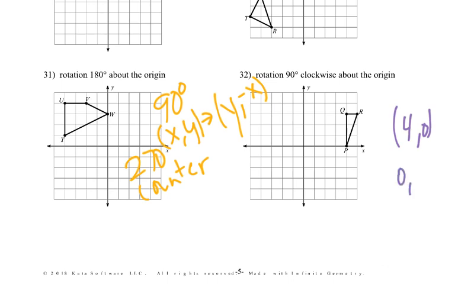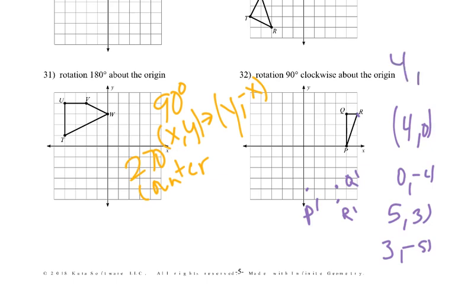So that would become 0, negative 4. Which, yeah, that would be 90 degrees clockwise. So that's P prime. R is 5, 3, so that becomes 3, negative 5. And Q is just right up there. I can see Q pretty easily. But it's 4, 3, and it would be 3, negative 4. We end up with it like that.